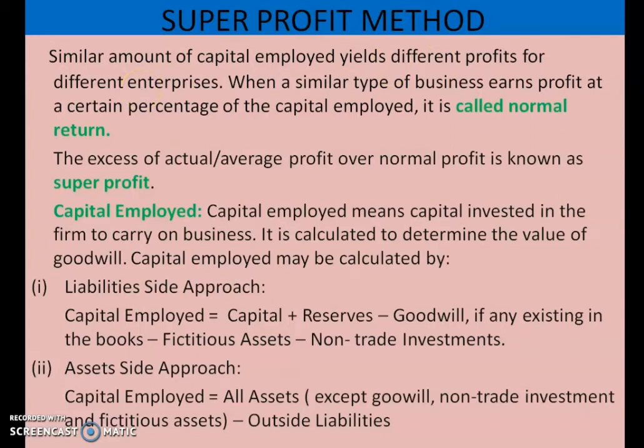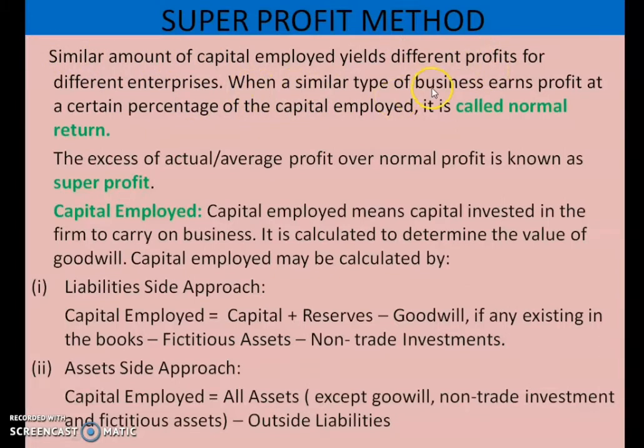So what does that mean? That means different functions are performed in those enterprises. According to the different functions and the way of dealings, the profit earned by the firm will be different, even if the capital employed is similar.